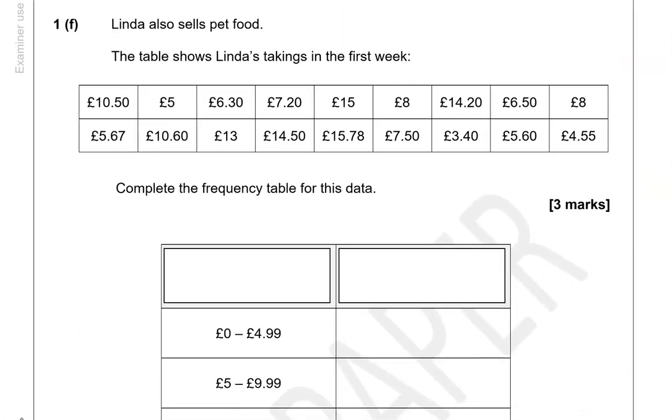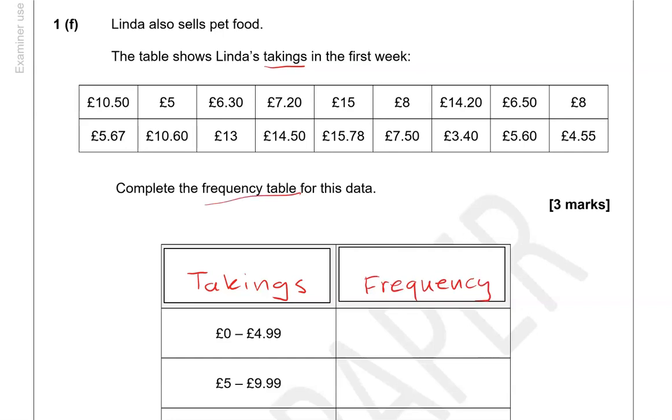Linda also sells pet food. The table shows Linda's takings in the first week. Complete the frequency table for this data. So we need to find some headings. Okay, so these are Linda's takings. And we've got to work out the frequency.